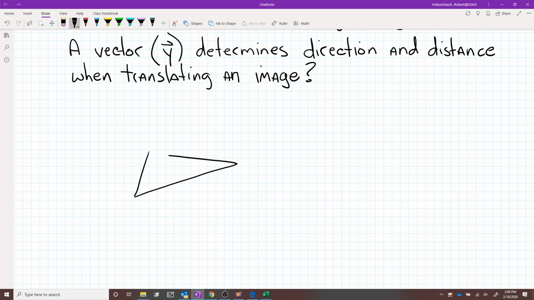If you have triangle ABC, and you're going to translate it along vector y, it means to take each vertex in this triangle and move it the same direction as the vector and move it the same distance as the vector.